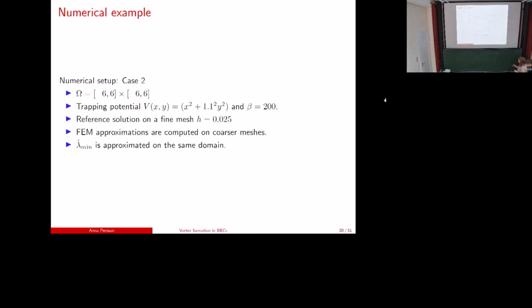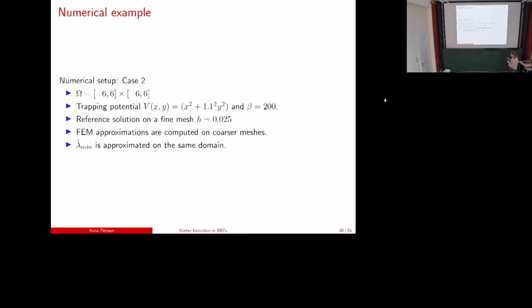What one can do is to look at an anisotropic case, which is not completely round. Then it's a little bit easier because it forces the vortices to be more in the same place for different meshes. So what I do now is to choose this trapping potential, which has 1.1 squared in front of y. So it's slightly anisotropic.